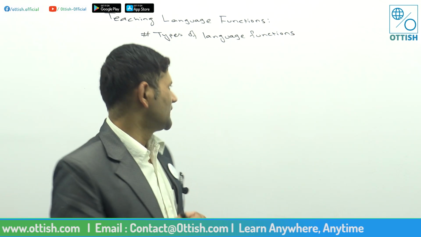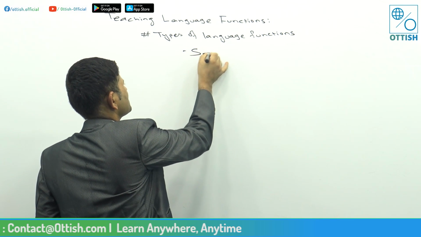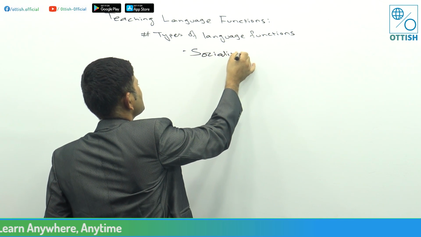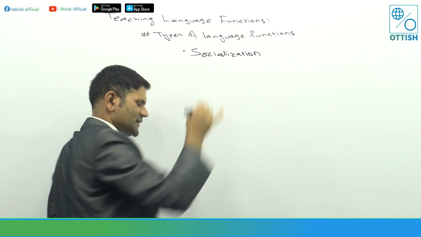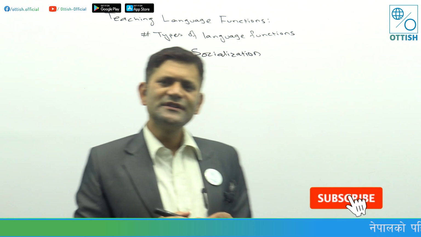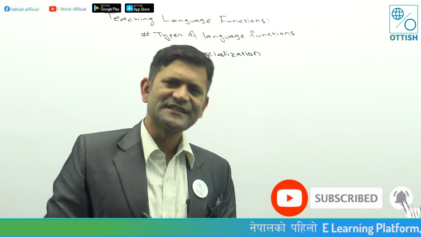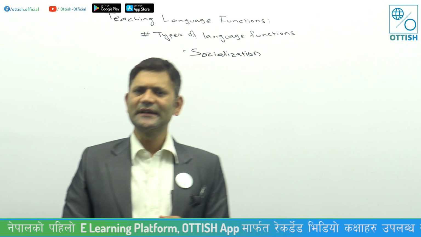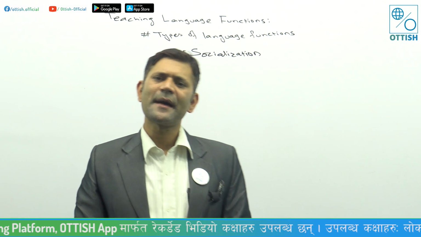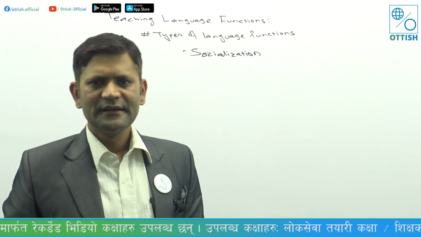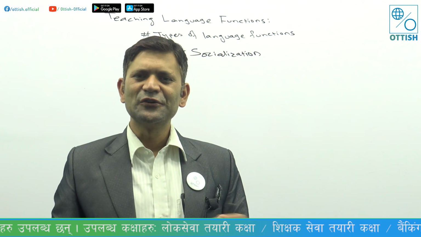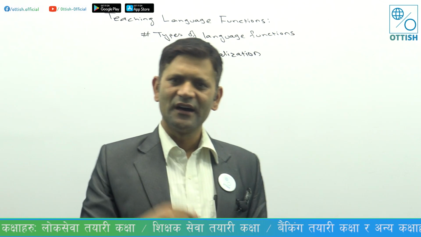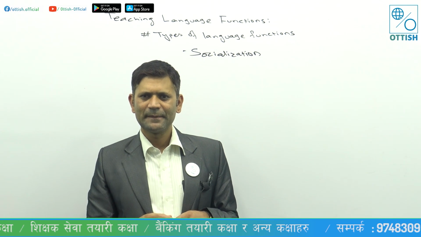Okay, accordingly, socialization function. Socialization is using language for establishing good social relationship. Using language to establish rapport in the society. Using language to lubricate the wheels of social interaction.